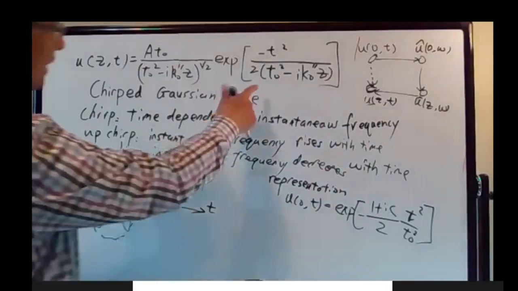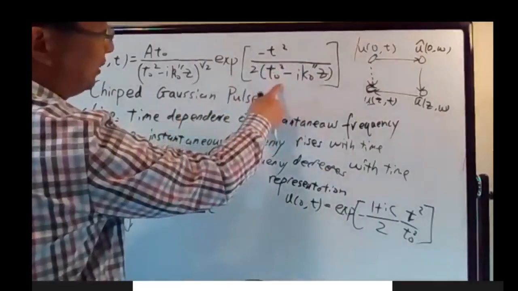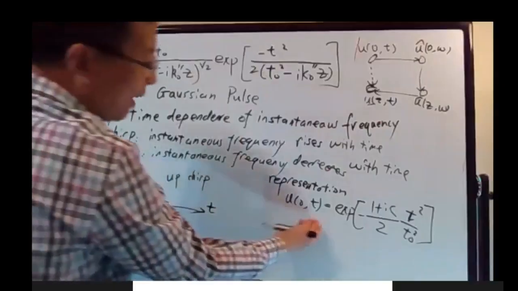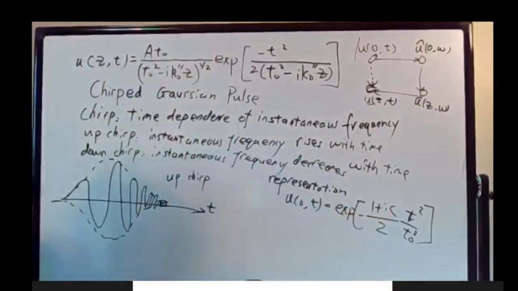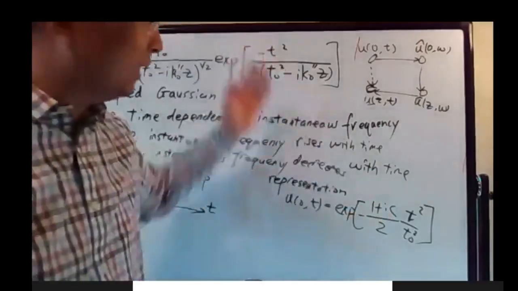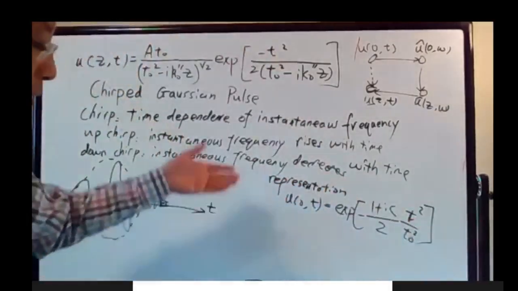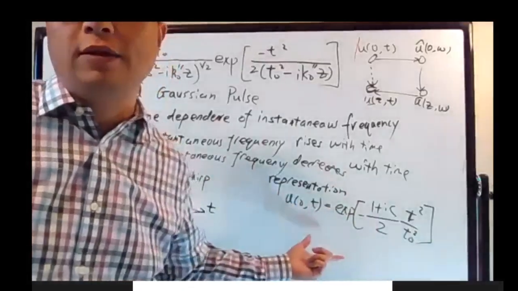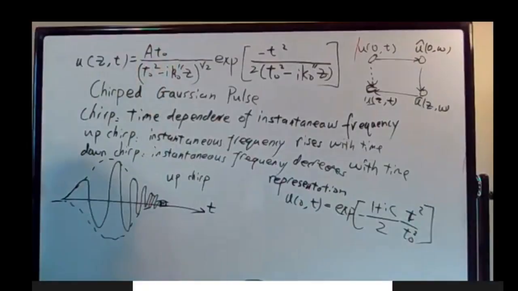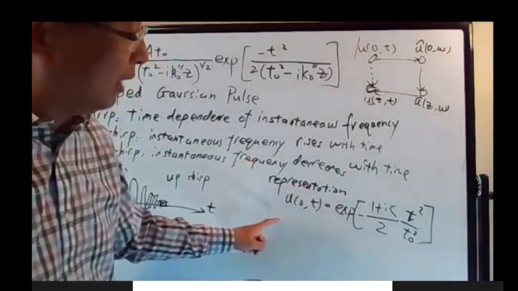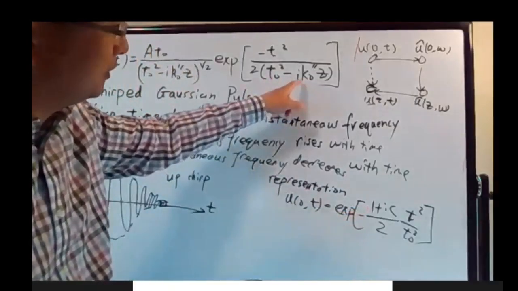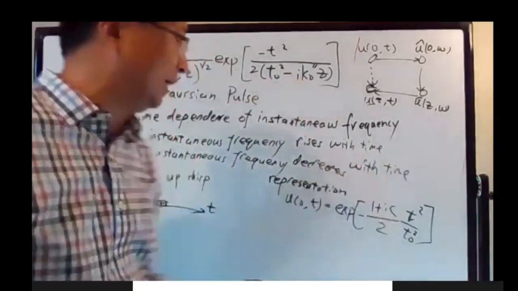So this has the complex number in the denominator. We can rewrite this expression with the complex number in the numerator, but they're the same thing. One usually uses this representation to represent a chirped pulse.